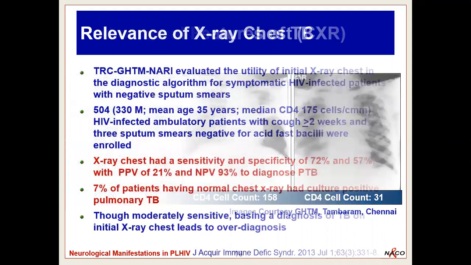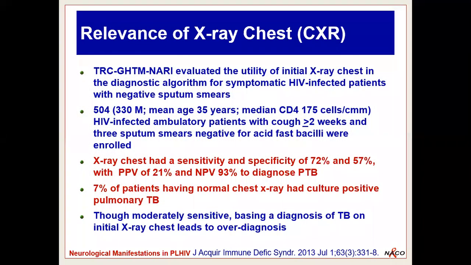Next slide, please. Now, when we talk about the relevance of X-ray, there are several studies that have been done. The things highlighted in red here show a sensitivity of 72% and a specificity of 57% for chest X-ray. But these studies have also shown, once we did the subcategory analysis, that X-ray in somebody with a cough of more than 2 weeks had more sensitivity.